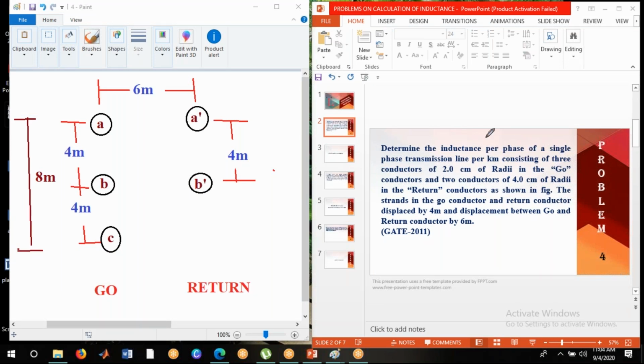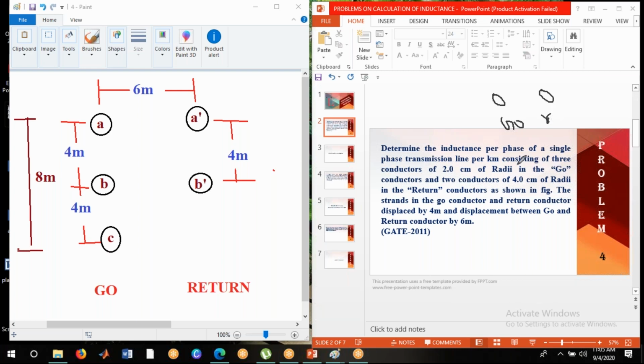So the given circuit is a single phase, with phase and neutral, and it consists of three conductors of 2 centimeter radii in the go conductor. I already told you that in a single phase line, the phase terminal is called the go conductor, and the neutral terminal is called the return conductor.